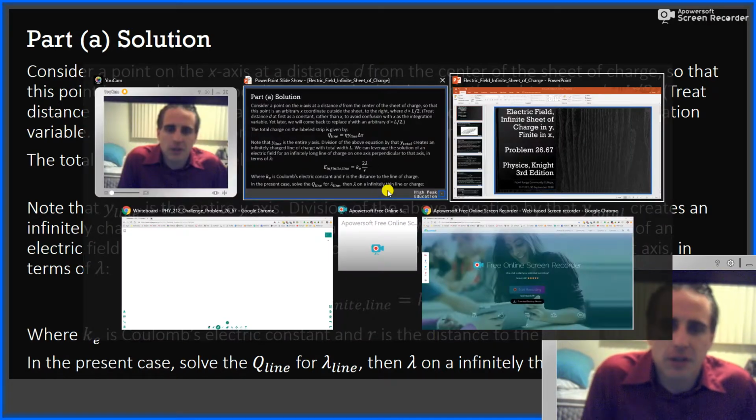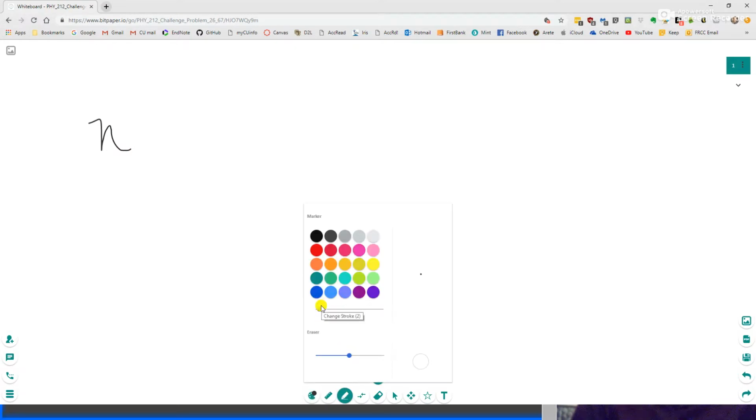Well, let me write down on here. Eta, let me increase the thickness of my writing implement here a little bit. Okay, so better.